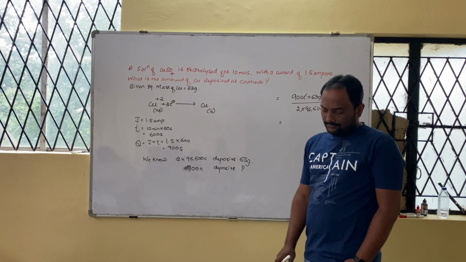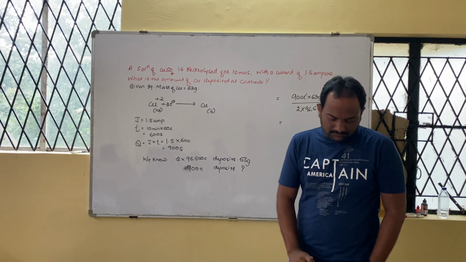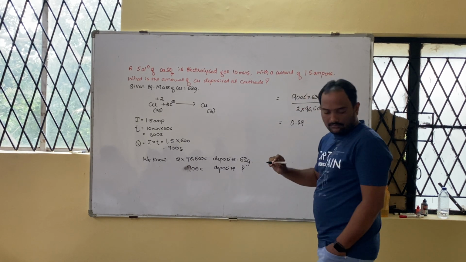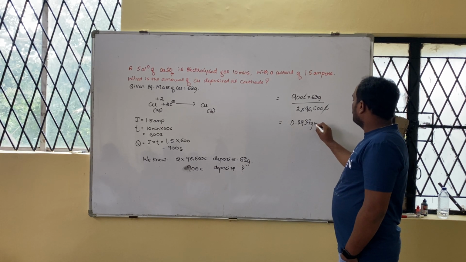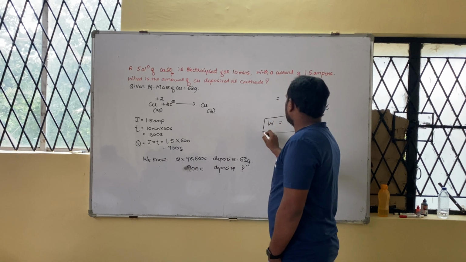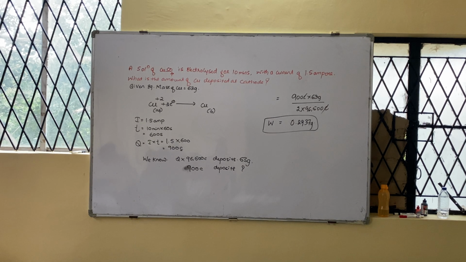Almost. I have done the calculation. You verify your answer. 0.2937 gram. This is W. Put this in a box. Verify your answer with the calculator. You can use your mobile phones to calculate. I don't mind.